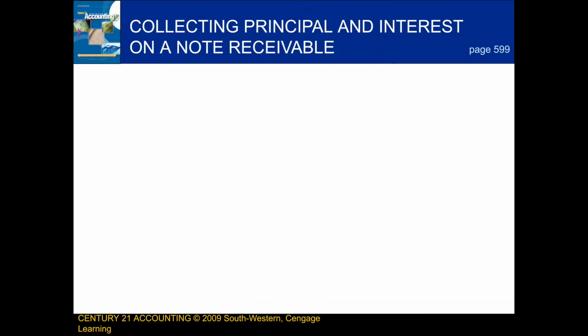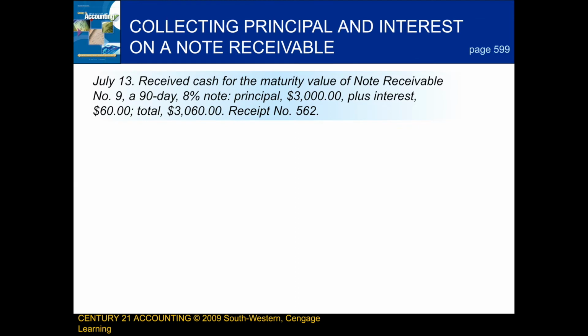Alright, next we're going to be talking about collecting principal and interest on a note receivable. So this next transaction reads, on July 13th, received cash for the maturity value of note receivable number 9, which was a 90-day 8% note having a principal amount of $3,000 plus interest $60 for a total of $3,060, receipt number 562.